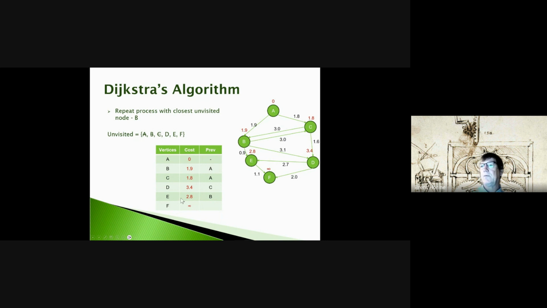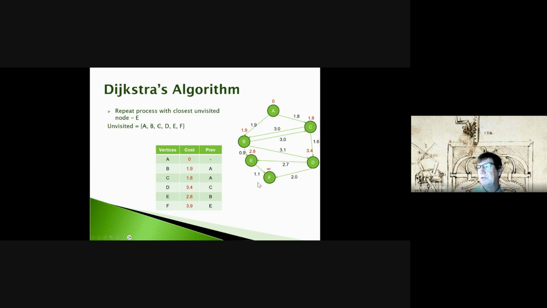So, and we mark B as being visited. Then we process with the closest unvisited node. So we look around and we see that E has the lowest value. So both D and E are unvisited, but E has a lower value than D.